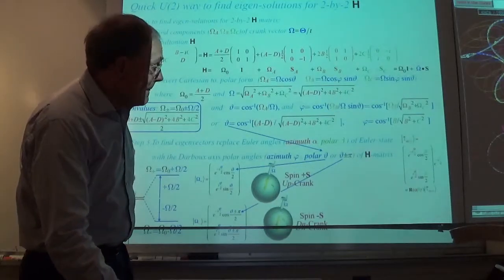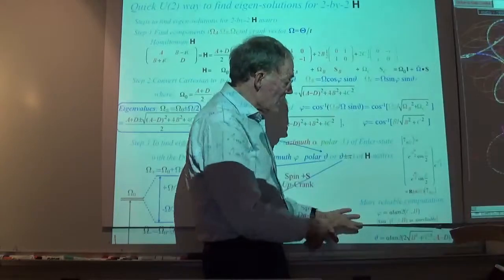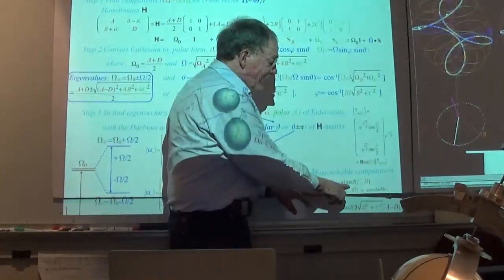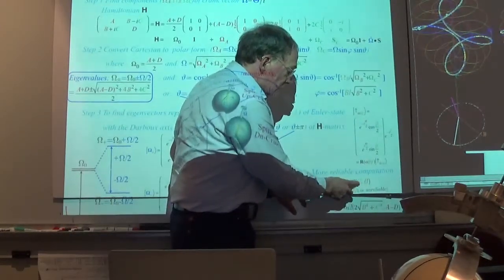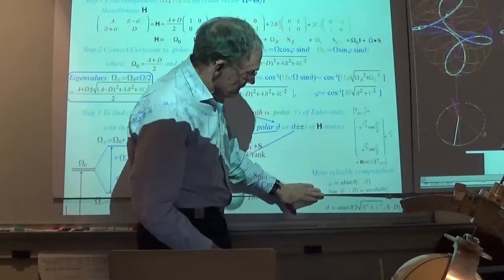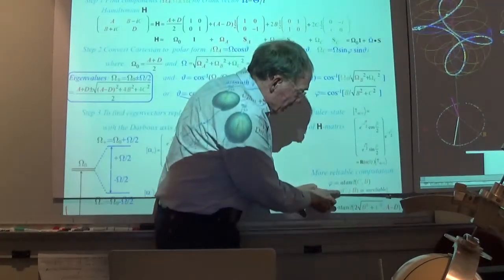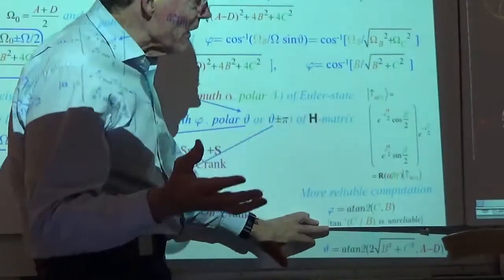Okay? Now I want to point out to you that the calculations I did up here are not the most reliable. If you're going to program this thing, program it using a function called atan2, where you give it both the x and the y components. Arc tangent of C over B is unreliable, because you don't know what quadrant it is.